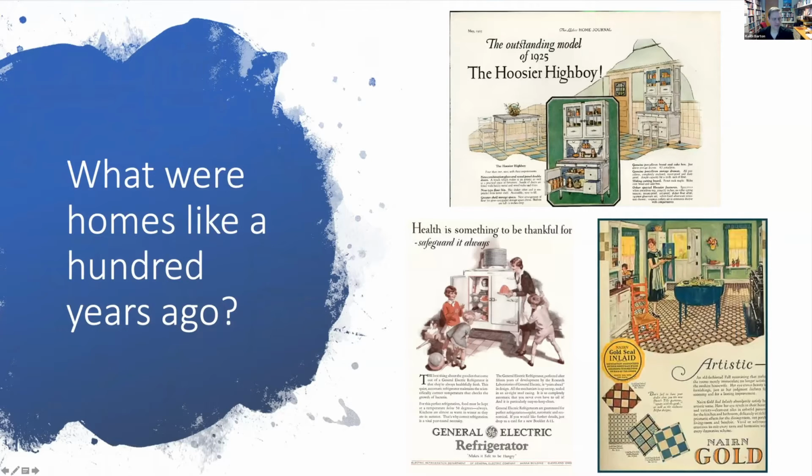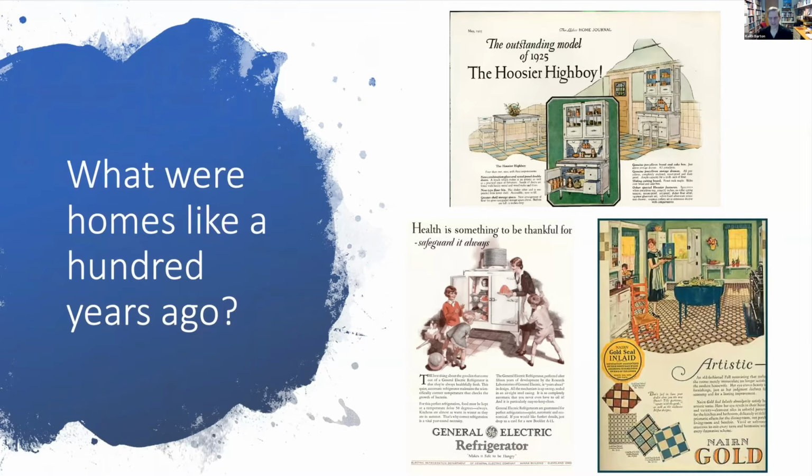Or if students are investigating, what were homes like 100 years ago? Well, there are a lot of different sources they can look at, but they might, for example, look at advertisements from newspapers from the last century and see what they can tell from these advertisements, both about what homes look like and also what people valued.